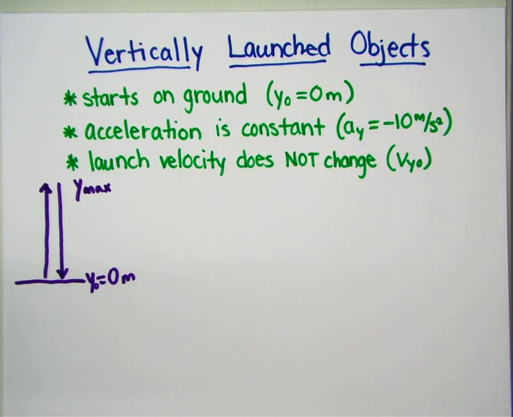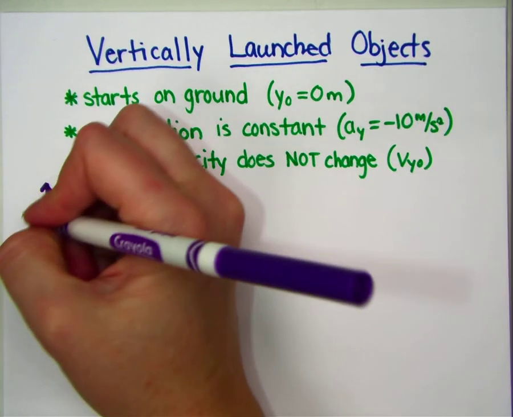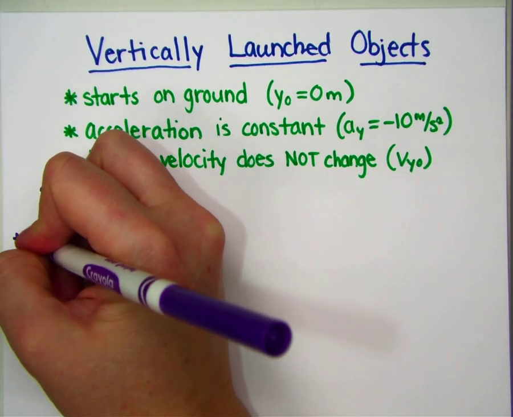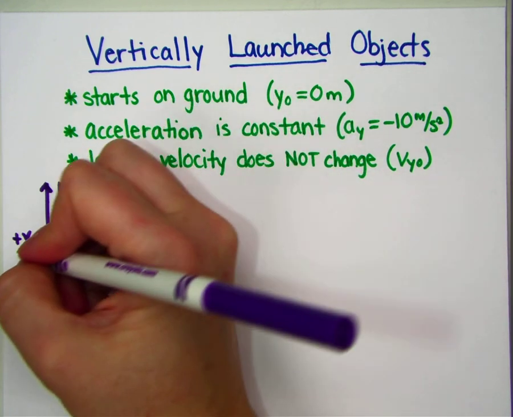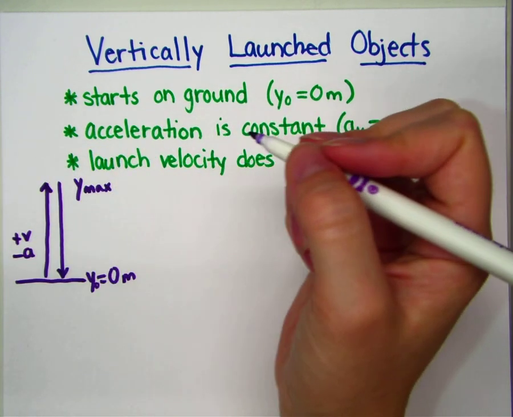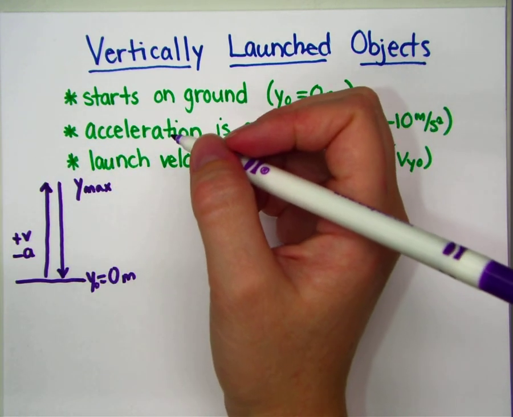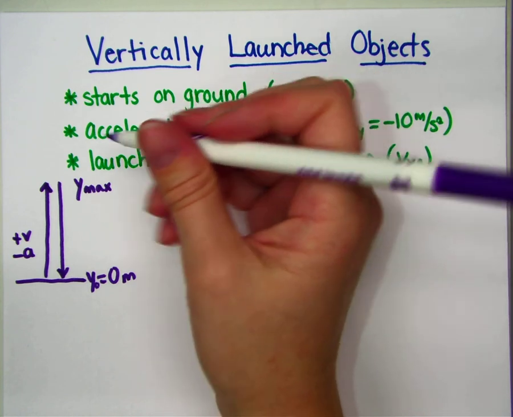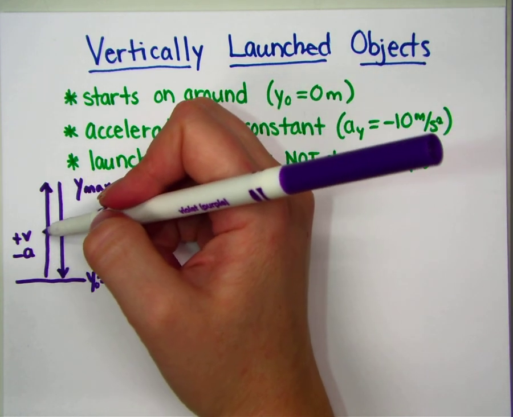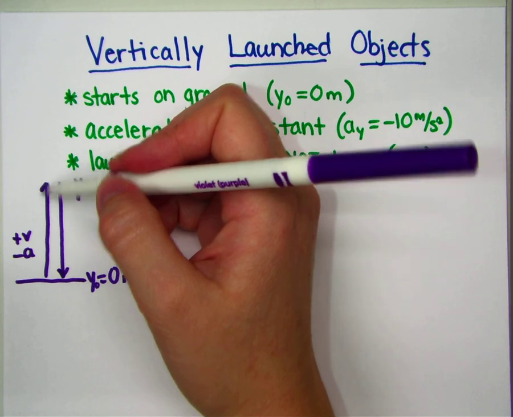Now, let's talk about what happens to the object on the way up. On the way up, I have a positive velocity. I have a negative acceleration. If my velocity is positive and my acceleration is negative, then I know the object is slowing down. That should make sense. Okay?